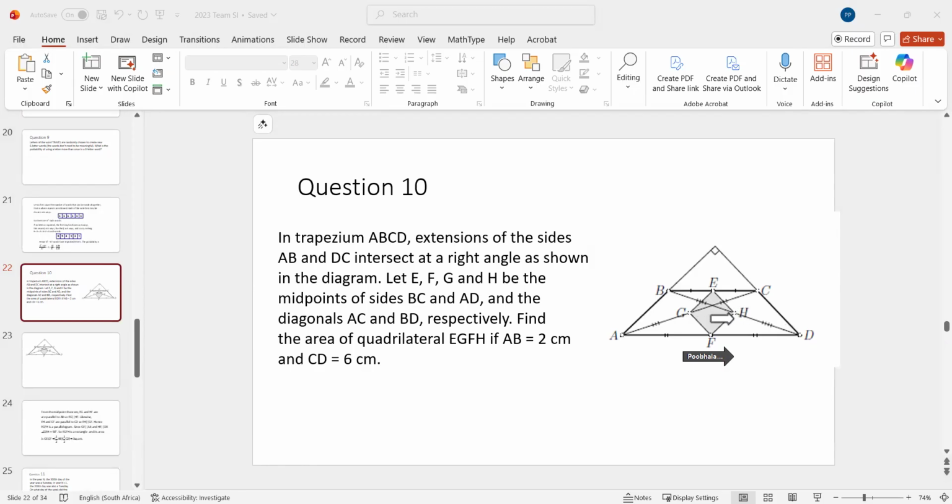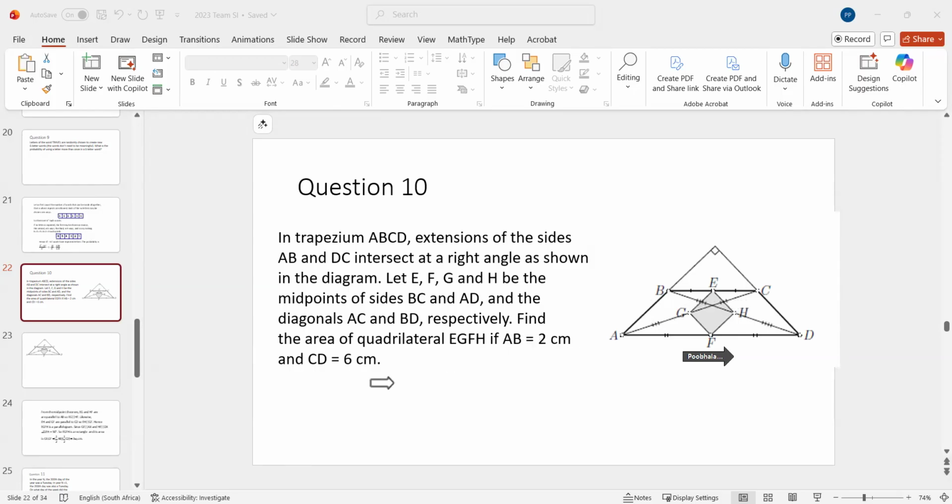You've got the midpoints chosen there, and G is the midpoint of this diagonal, and H is the midpoint of BD. So you've got four midpoints, right? And then some of these are joined, and the question is, what is the area of this quadrilateral that is formed by joining the four midpoints? So you need to find the area.